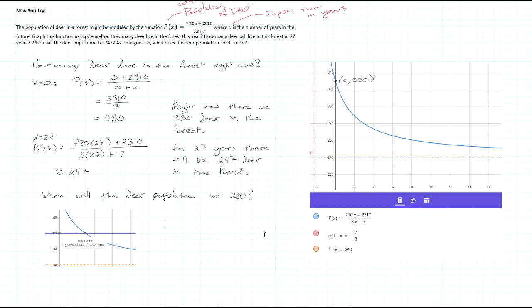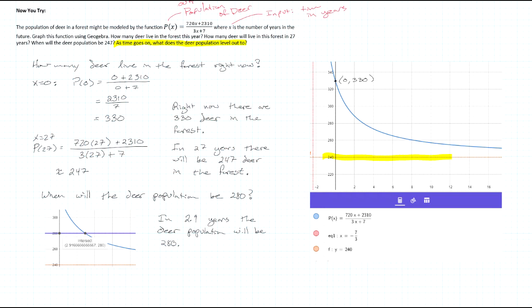So we can write that out. In 2.9 years, the deer population will be 280.